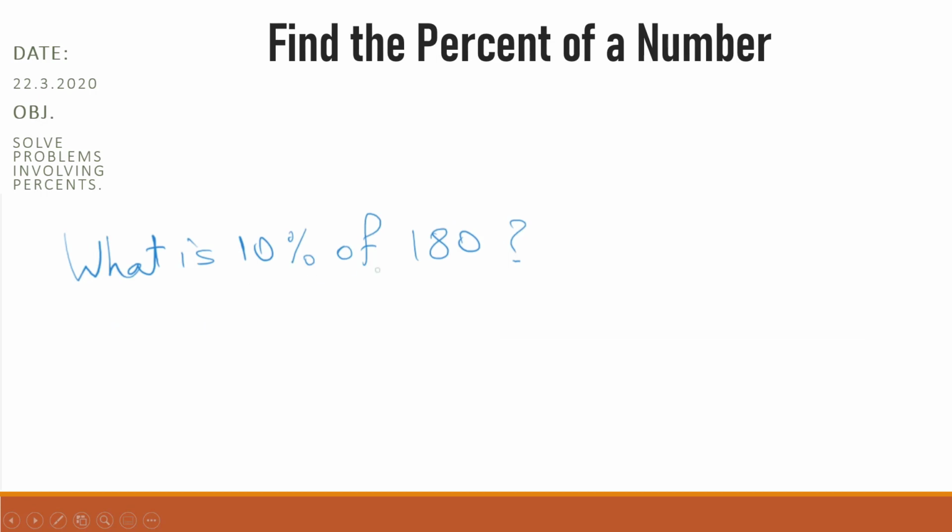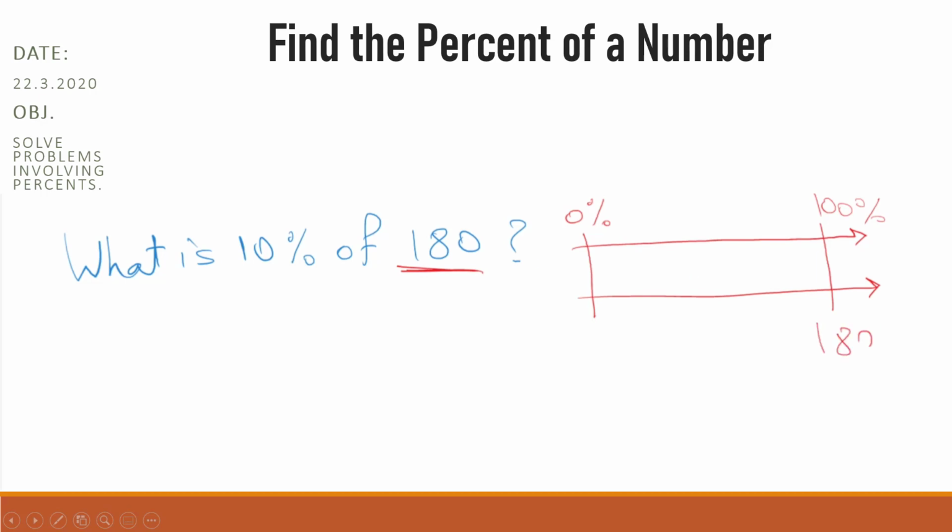What is 10% of 180? To understand the question, if we have a double number line, and here we have 0%, 100%, 100% is equivalent to 180. And somewhere here we have 10%, and that's equivalent to an unknown value.